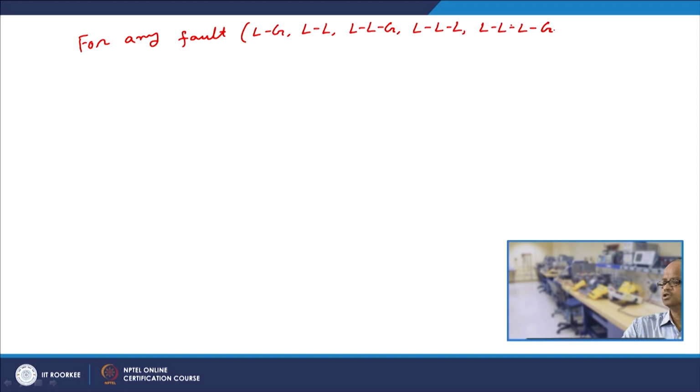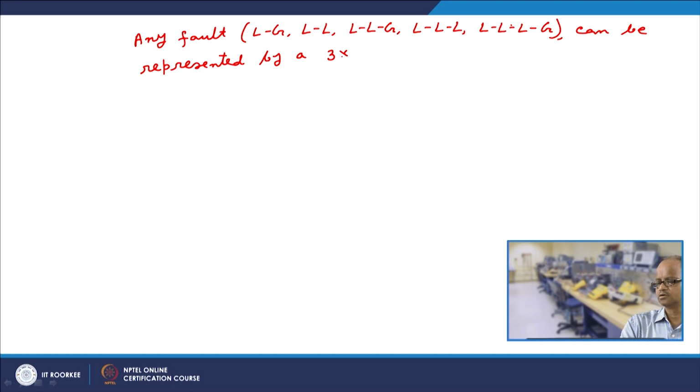It means that any fault, either LG or LL or LLG or LLL, any fault can be represented by a 3 cross 3 fault admittance matrix.